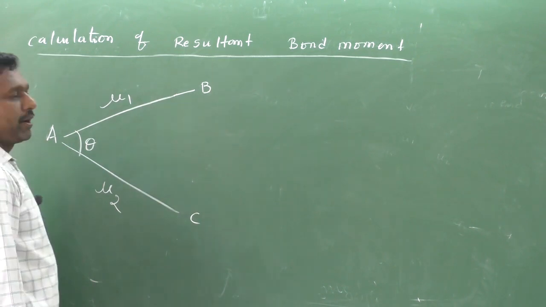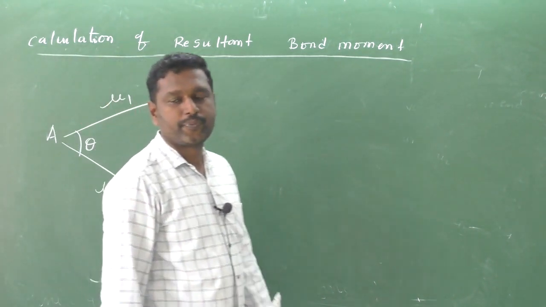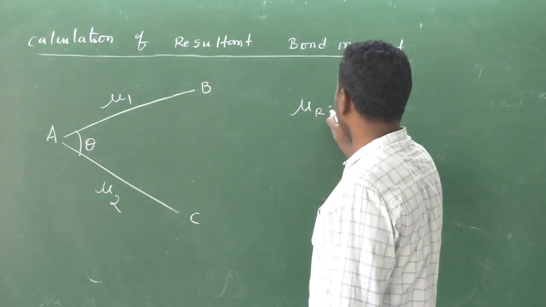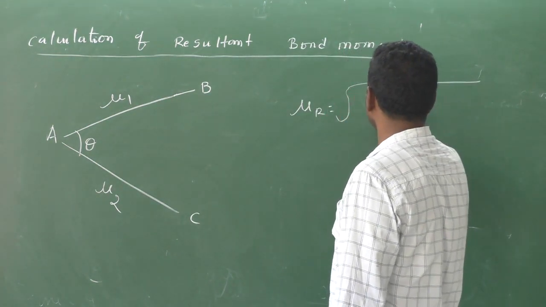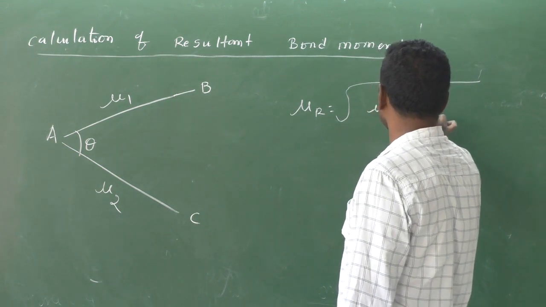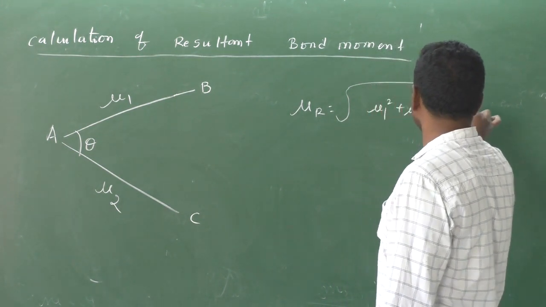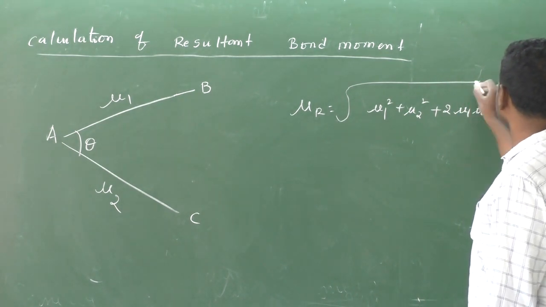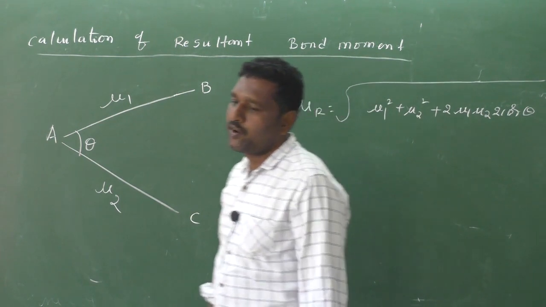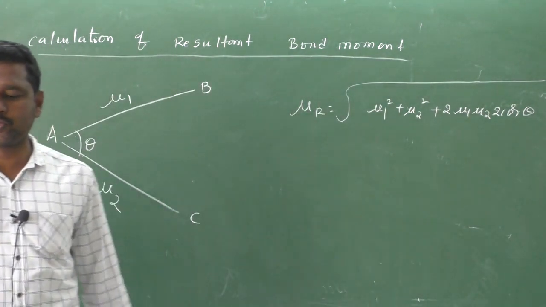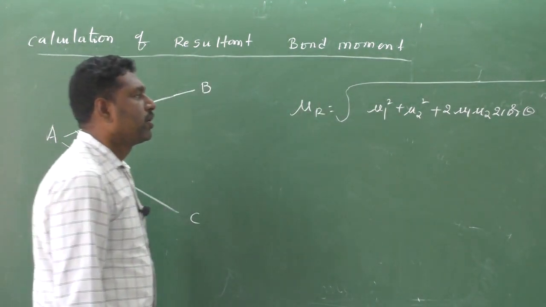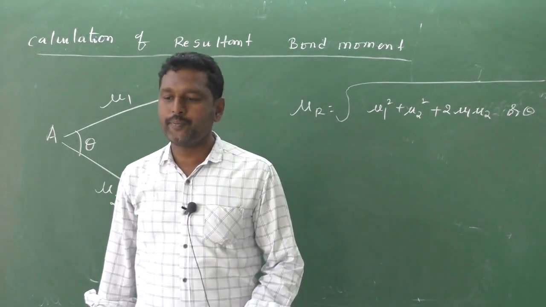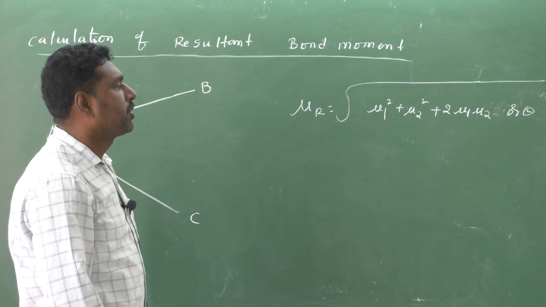So mu r is equal to the square root of mu1 square plus mu2 square plus 2 mu1 mu2 cos theta. So this is the formula: 2 mu1 mu2 cos theta.